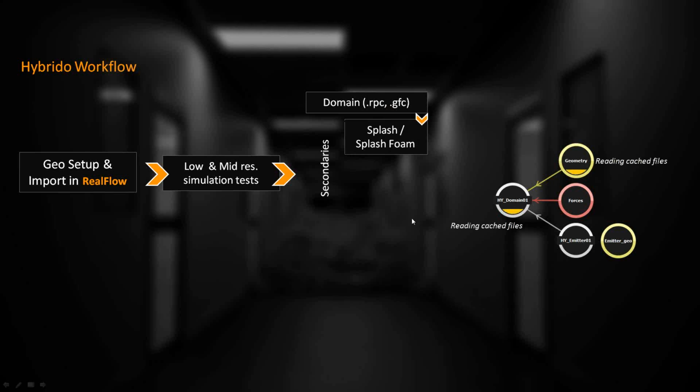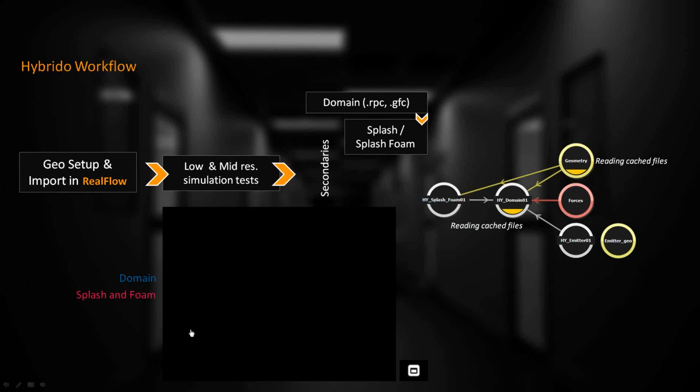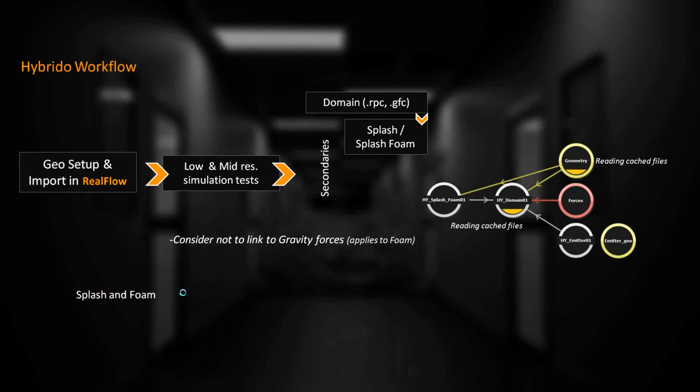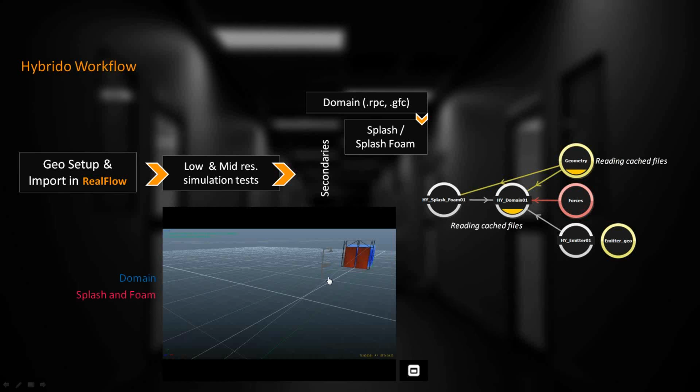The first secondary element that we are going to place on top of this domain is a splash and foam emitter. What we're going to do is generate all of these pink particles that you can see here from the splash and foam emitter.